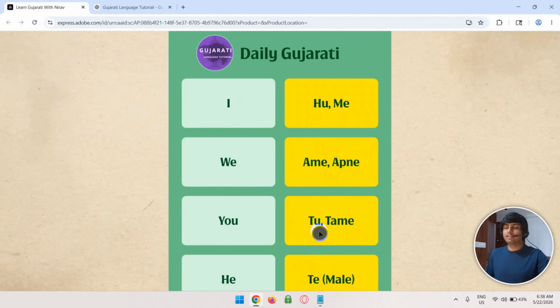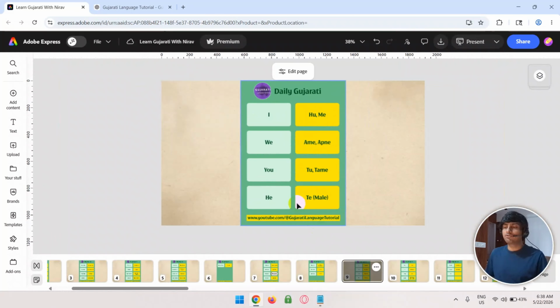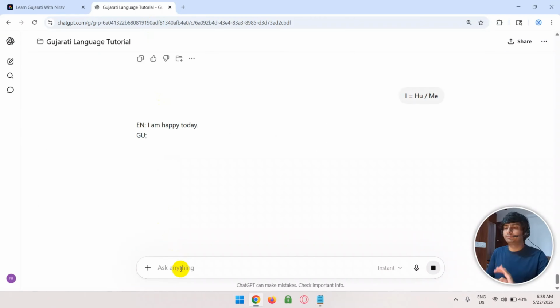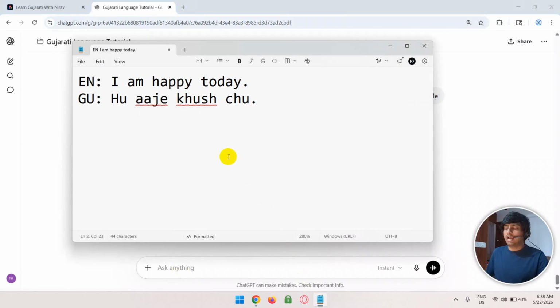Now let's see sentences, words one by one. First one is I, means hu or me. So the very quick and sweet sentence we have: I am happy today.